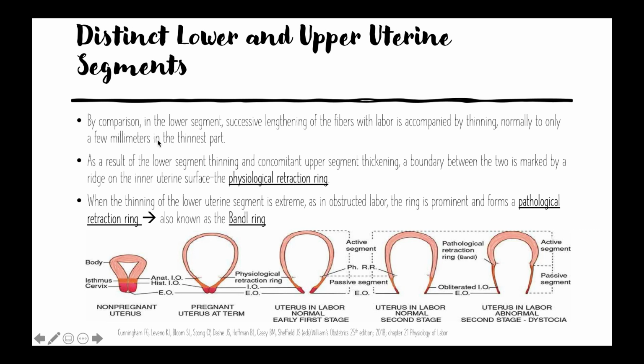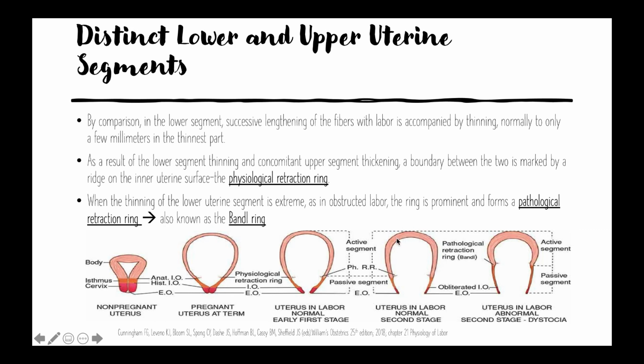By comparison, the lower segment, this part here, undergoes successive lengthening of the fibers with labor, accompanied by thinning, normally to only a few millimeters in the thinnest part. As a result of the lower segment thinning and concomitant upper segment thickening, you can see here, this is pronounced in this picture. So you have the lower segment thinning and the upper segment thickening.